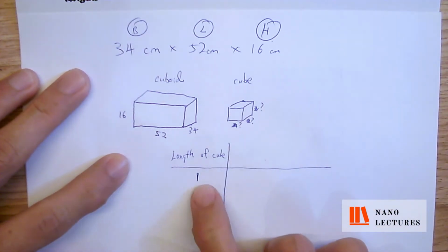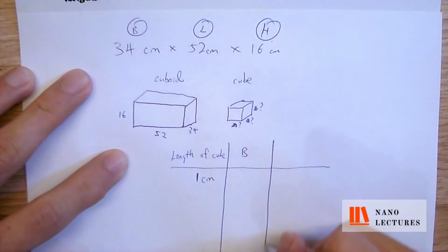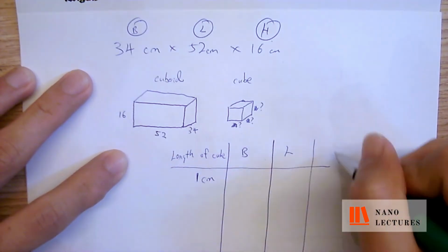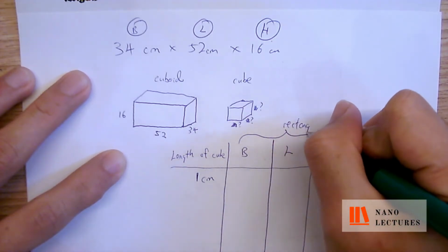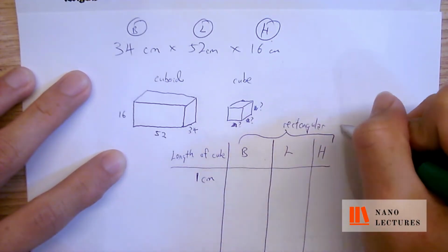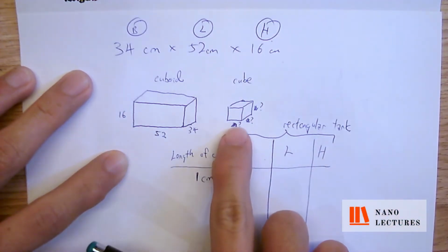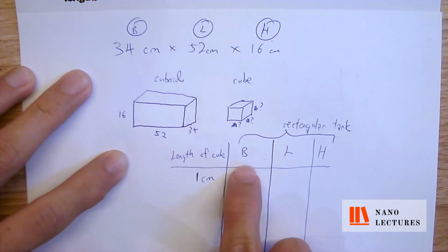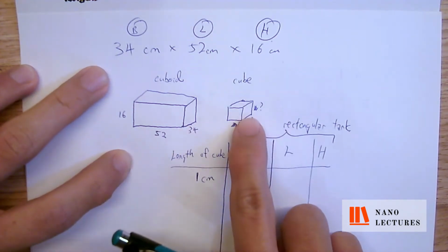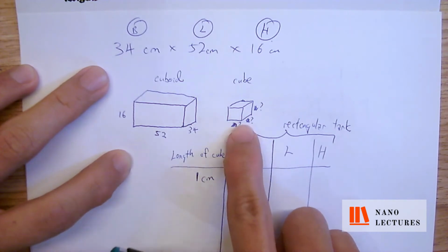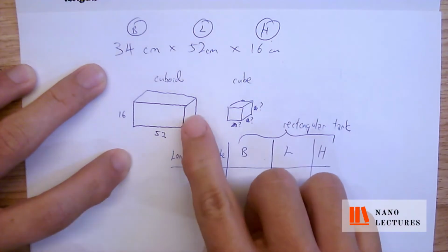Then over here I must have my breadth, my length, my height, all for the rectangular tank. If the length of my cube is 1 cm, for my breadth, how many can I put? Since this is 34 cm, and my cube is 1 cm, I can put 34 of the cubes inside.